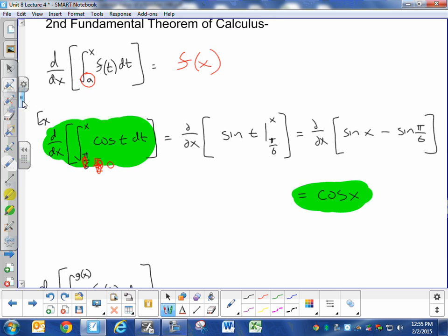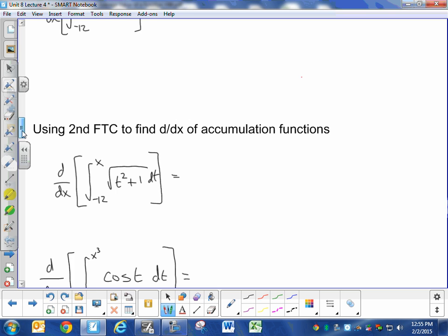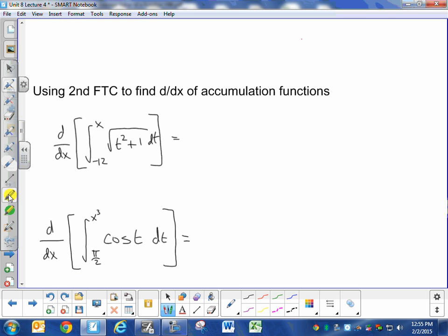So we could do a quick example, like a question you might see on your homework. What is the derivative of this? The derivative of the integral from negative 12 to x of the square root of t squared plus 1.